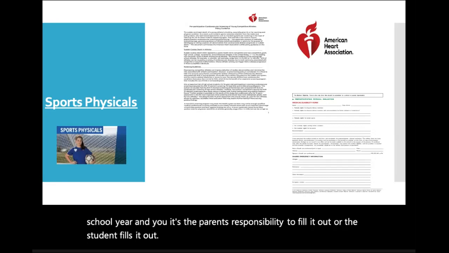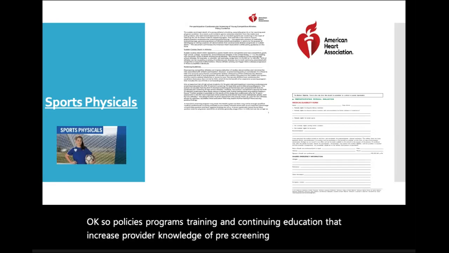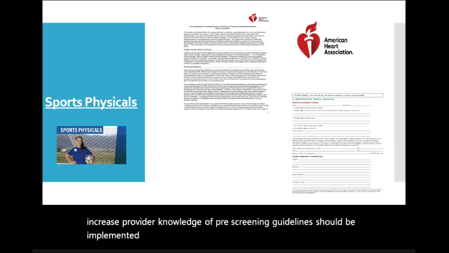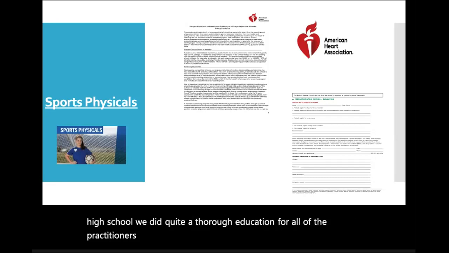Okay, so policies, programs, training, and continuing education that increase provider knowledge of pre-screening guidelines should be implemented. In our particular district, when I was running these programs for our middle school and high school, we did have quite a thorough education for all of the practitioners in the health offices who were going to be assisting in these sports physicals.